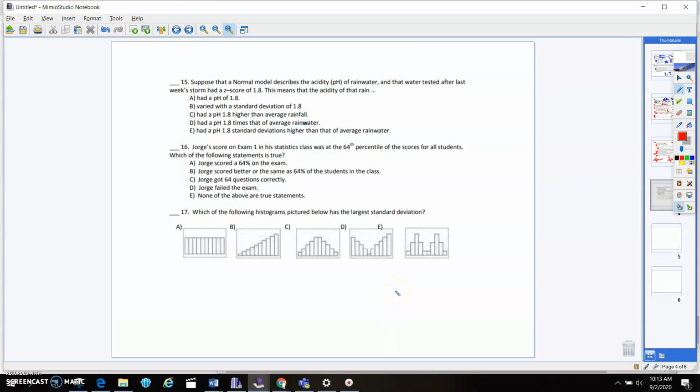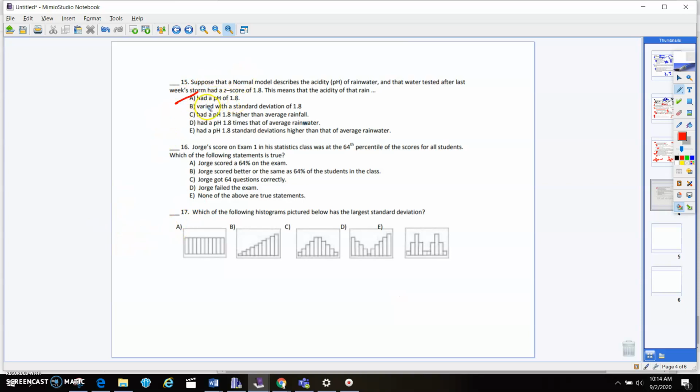On 15, it says, suppose that the normal model describes the acidity, pH, of rainwater, and that water tested after last week's storm had a z-score of 1.8. That means that the acidity of that rain either had a pH of 1.8. Well, that's not what z-score means, right? Z-score is different.